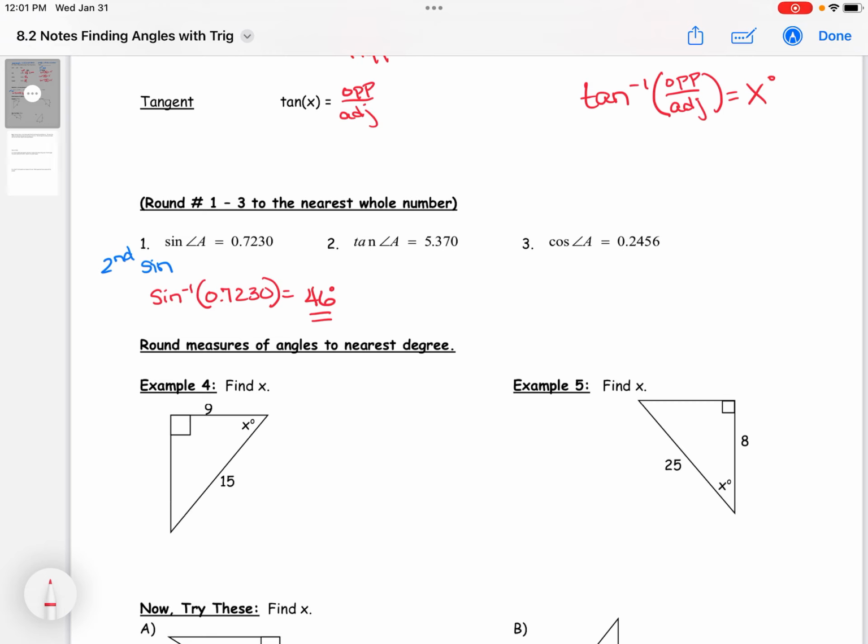For the next one, I'm doing tan inverse of 5.370. So I'm going to do second tan, 5.370, equals, and I get 79.45, so I'm going to leave it at 79.